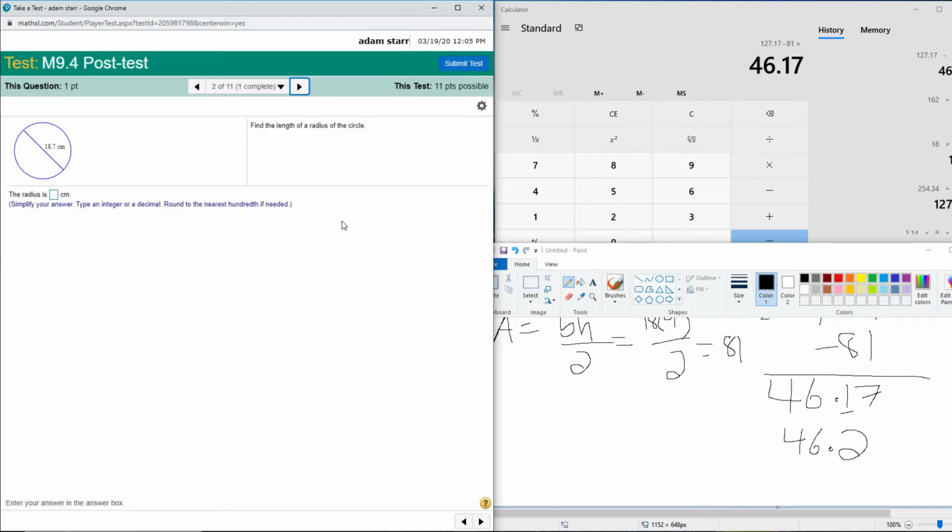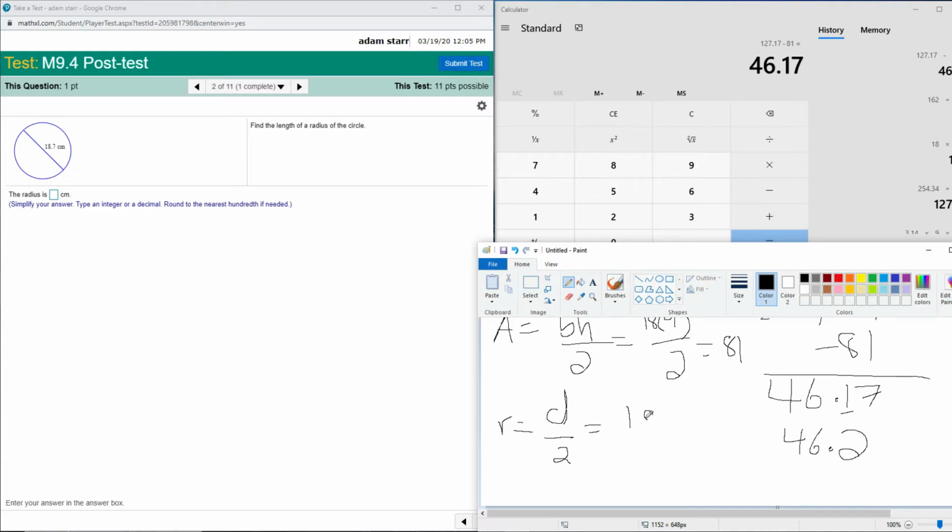Moving on. The next question is just asking to find the length of the radius. It gives me a circle, and it gives me this measurement. This measurement happens to be the diameter. So to find the radius, it is just the diameter divided by 2, or half the diameter.